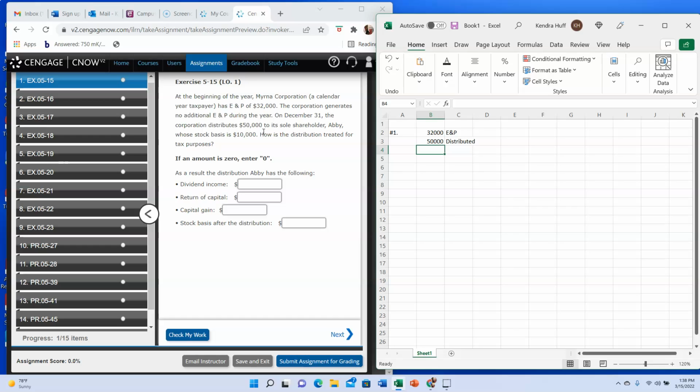Okay, so $32,000 is dividend income. This is as a result of distribution, so we're looking at it from Abby's viewpoint. So $32,000 is dividend income, and that's limited to the E&P. Then a return of capital is our $10,000 basis.